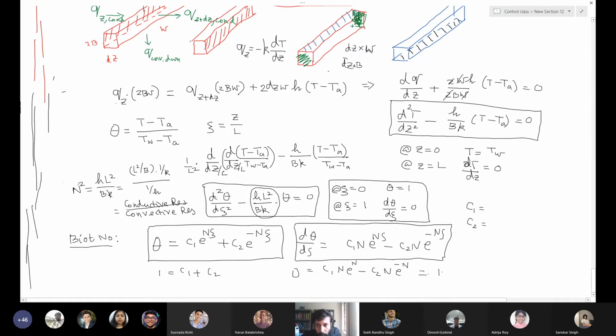C1 will be e to the power minus n divided by e to the power n plus e to the power minus n. So C2 times e to the power n minus e to the power minus n. C2 equals 1 by 1 plus e to the power minus 2n.